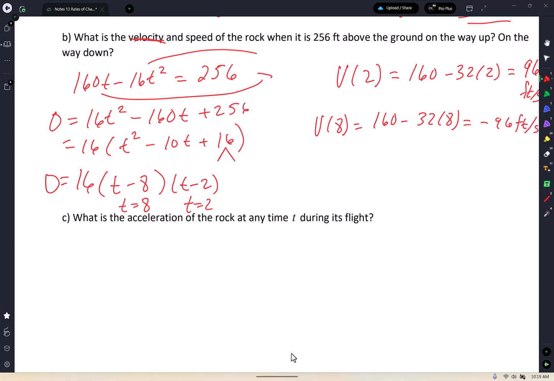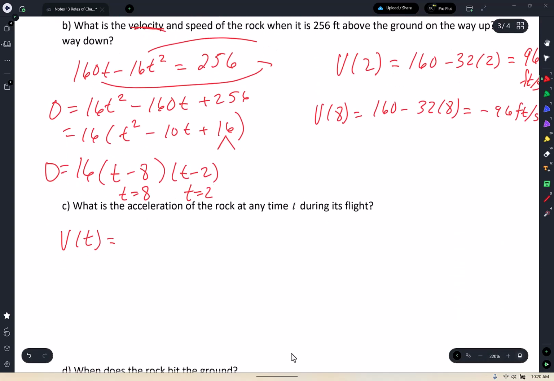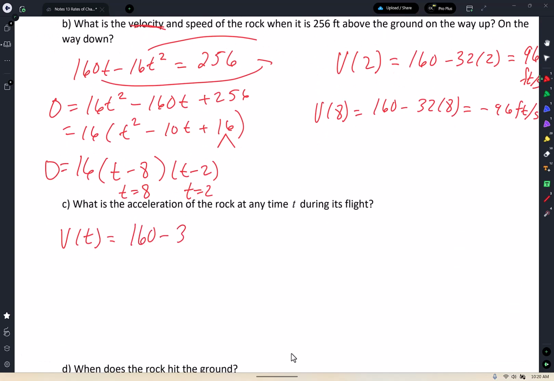Guys, without even doing any math, it says, what is the acceleration of the rocket any time t during its flight? You're on Earth. So what do you think the acceleration should be all the time? 32 feet per second per second. If I'm giving it direction, negative 32 feet per second per second. So I take my velocity. What was my velocity equation? It was 160 minus 32t.